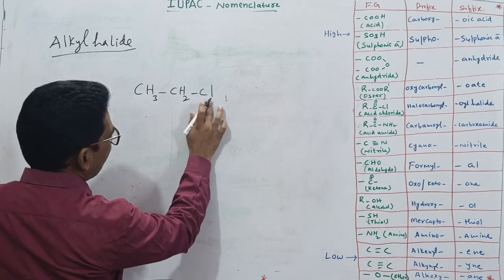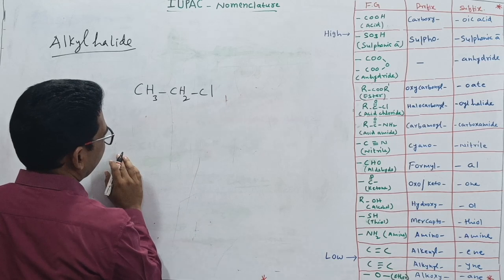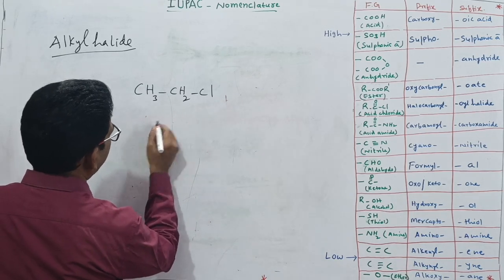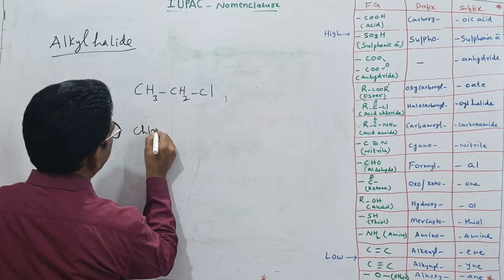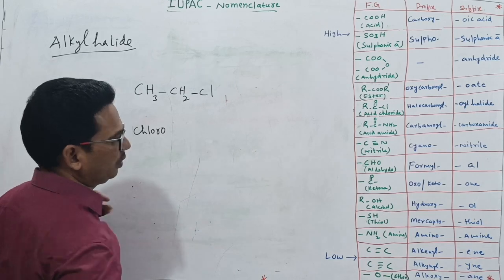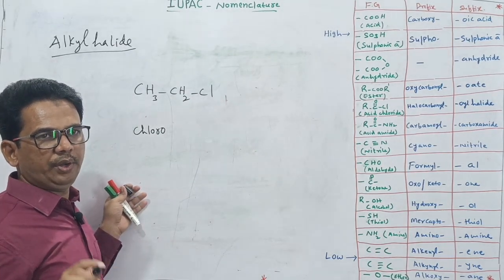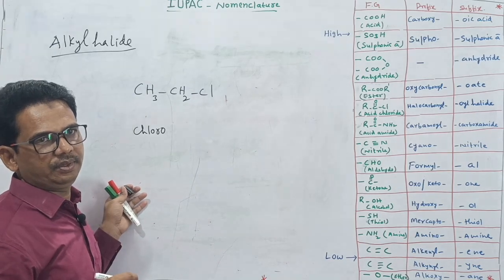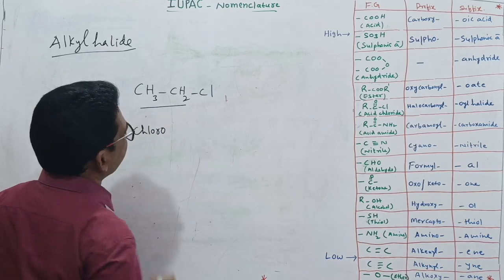That's why there is no need to mention the numbering when it is present at the first position. Okay. Then how will I write the name for this one? I have to write the halogen as a prefix, chloro. For halogens, the prefix will be chloro, bromo, iodo, like that.